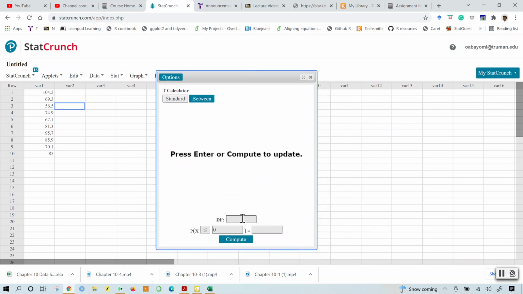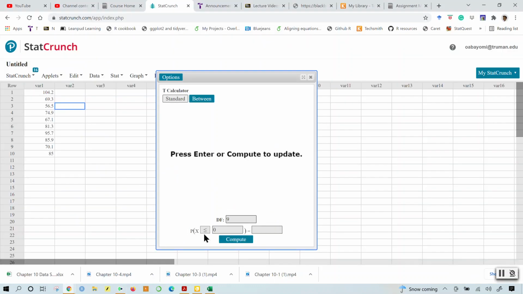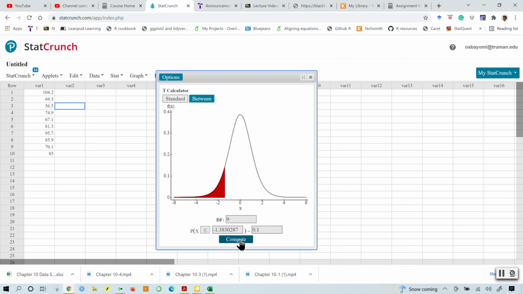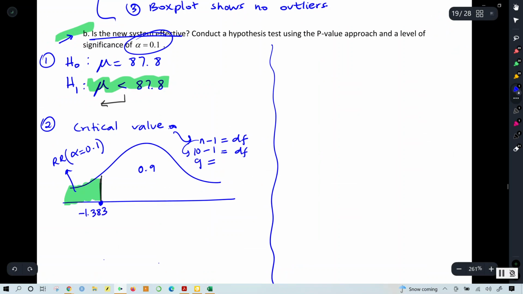My degree of freedom is 9, and going back to my work, this is 9, and on the left, less than or equal to, I want 0.1 there, and compute. This is negative 1.383 again. So I have my critical value there, negative 1.383.